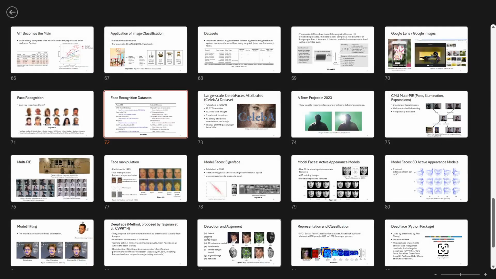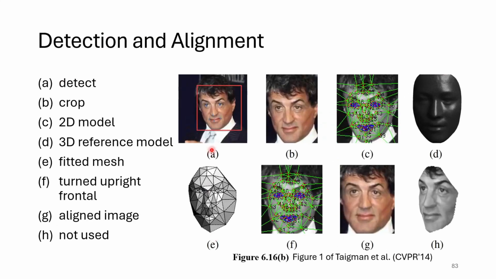Let's take a look at how it works. Given an image, you first crop it, then apply 2D models to localize the landmarks, and then use a 3D model to transfer the 2D model to 3D, so you get a 3D mesh. Once you have the 3D mesh, you can rotate or manipulate it to change the 2D face into an upright frontal face.